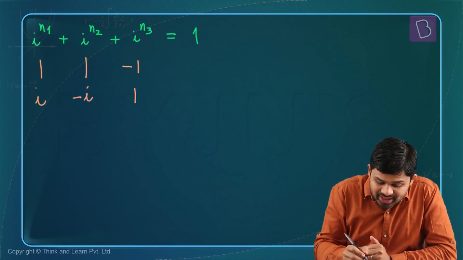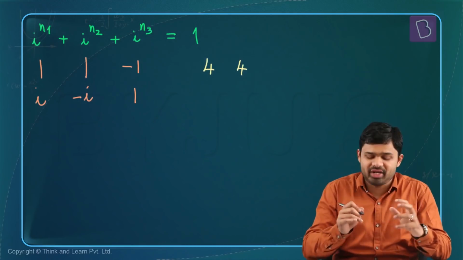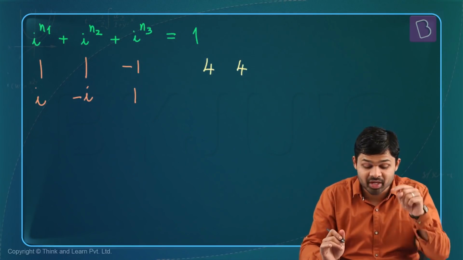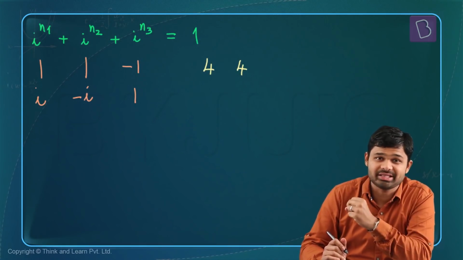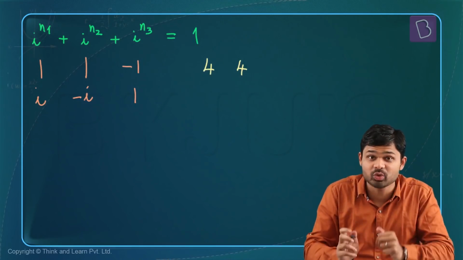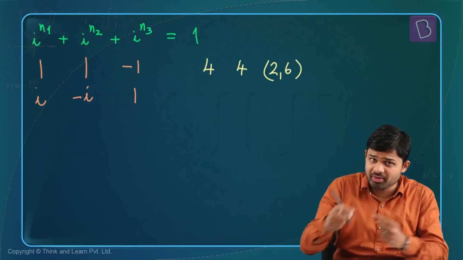Well, if n1 is equal to 4 and n2 is equal to 4, that's the only time when iota to the power n1 and iota to the power n2 will be 1 and 1 respectively. But for iota to the power n3 to be equal to negative 1, there are two cases for n3 between 1 and 6, which are 2 and 6. Of course, we have to consider different permutations of this.